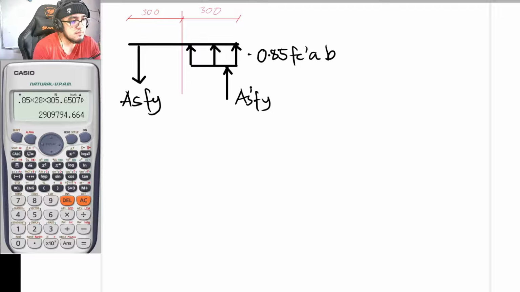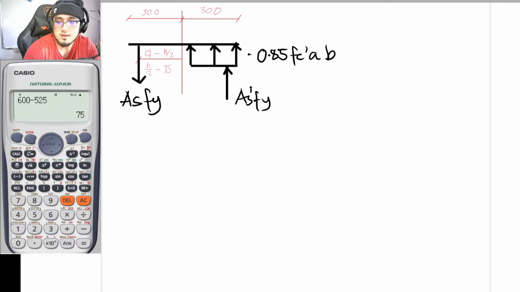And for the lever arm for this As Fy, h over 2 minus d prime, or the cover here, minus 75. If this is the depth, we would be subtracting h over 2. So this is now d minus h over 2. So both of these should have the same answer.